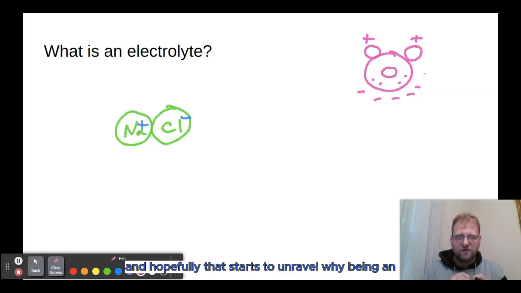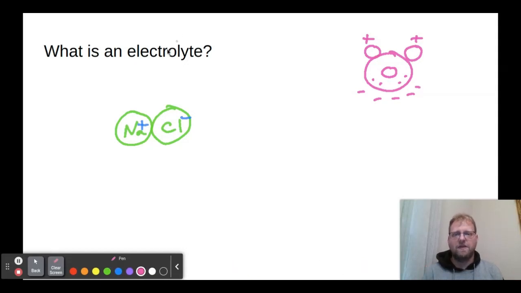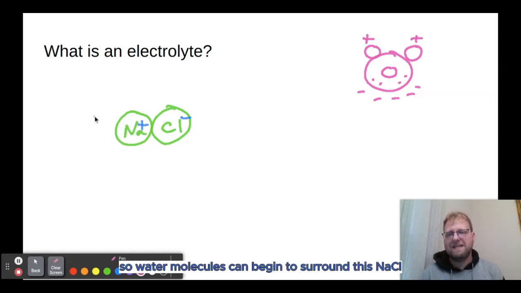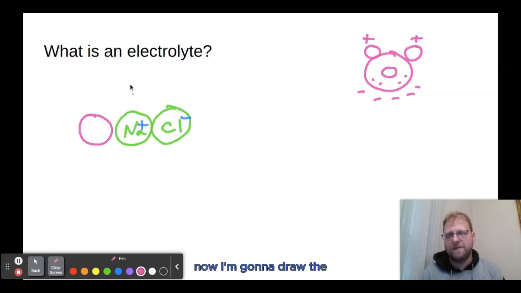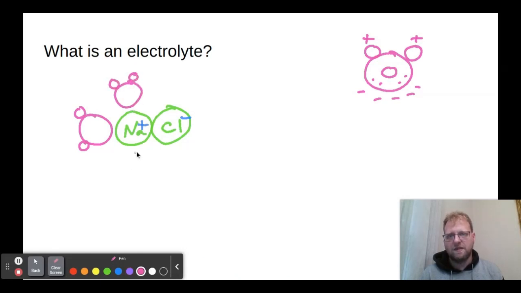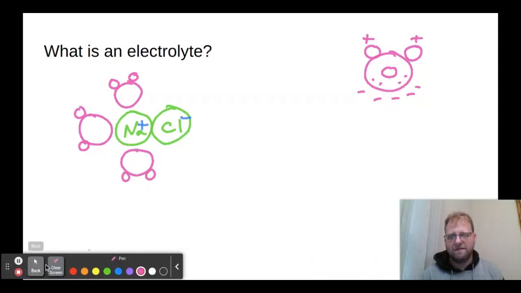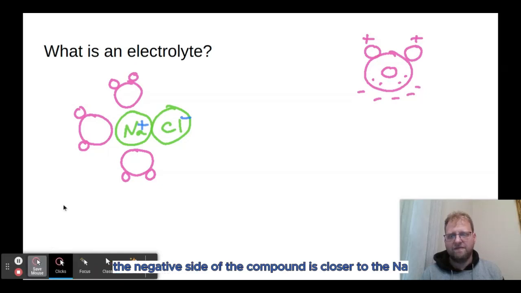And hopefully that starts to unravel why being an ionic compound is such a big piece of being an electrolyte. So water molecules can begin to surround this NaCl. Now, I'm not going to draw the letters inside the water molecule, but let's just draw some water molecules like this. And notice I've drawn them in each case so that the oxygen, the negative side of the molecule, is closer to the Na.